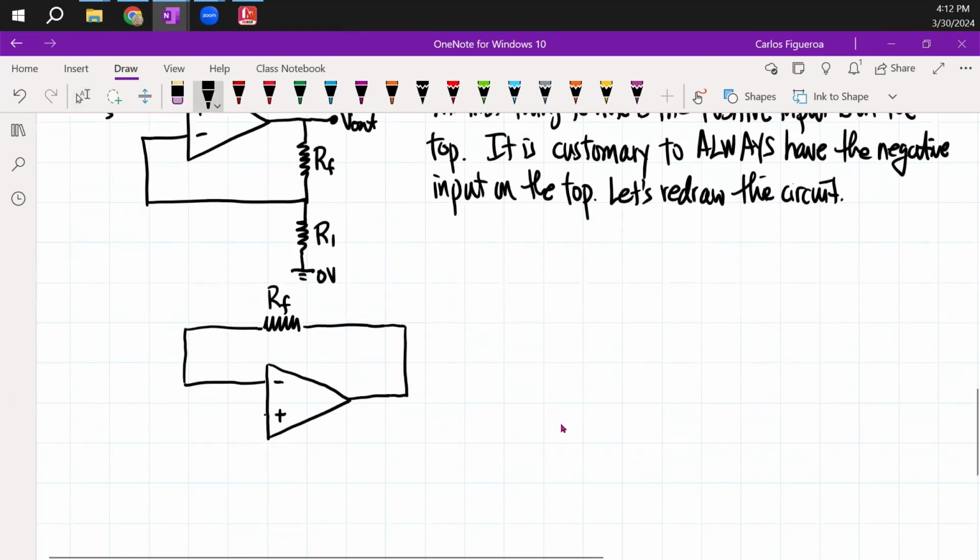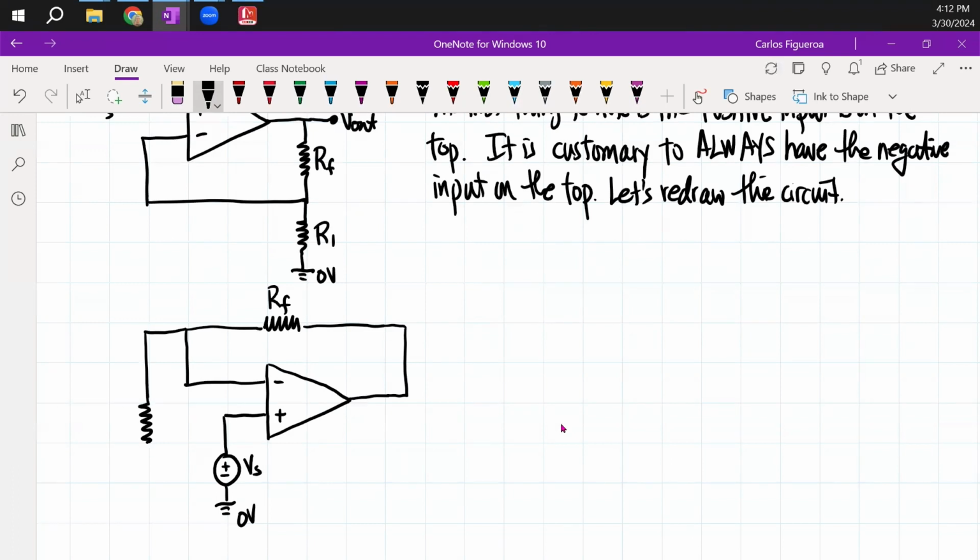And remember that when I look at this VS, this really means that I have a voltage source that reads like that. Now if I look at the R1 resistor, I'm going to have my resistor R1 right here. And again, this is my ground. And this guy is R1.